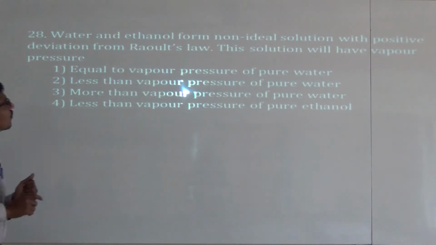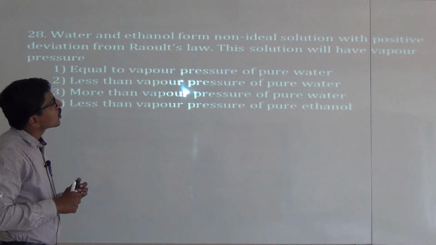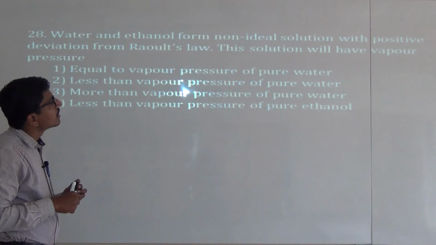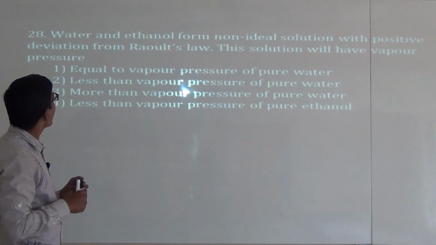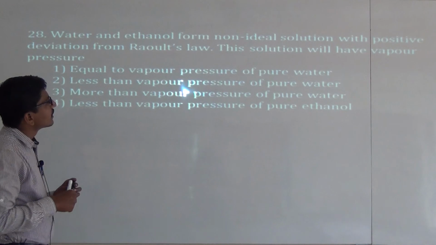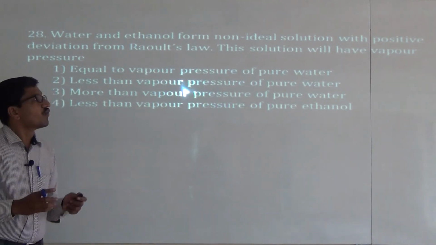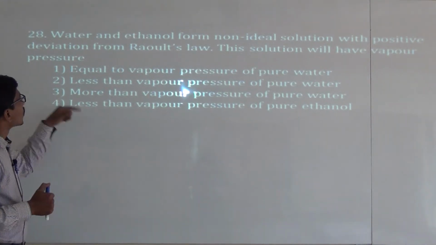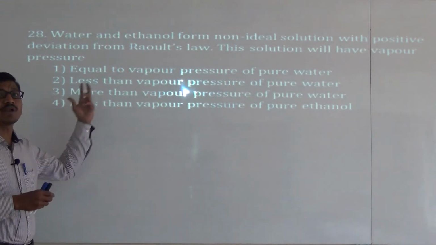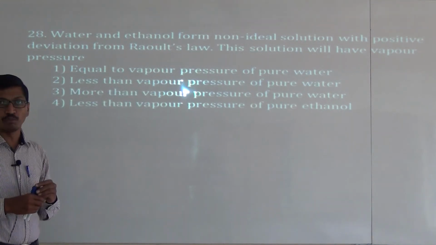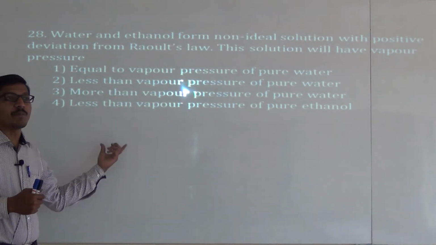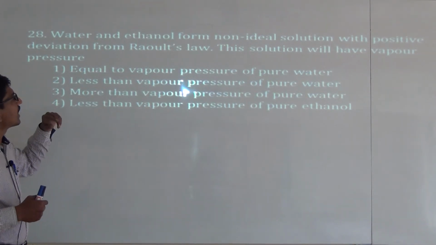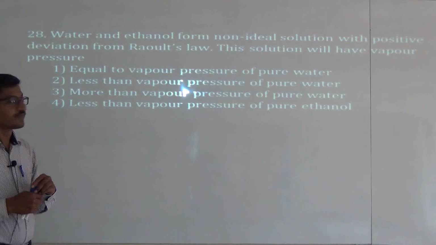Next one, water and ethanol form a non-ideal solution with positive deviation from Raoult's law. This solution will have vapor pressure... In this, water and ethanol form positive deviation from Raoult's law, and this is an example of a minimum boiling azeotrope. Minimum boiling azeotrope means the vapor pressure of this mixture is higher than that of pure water.